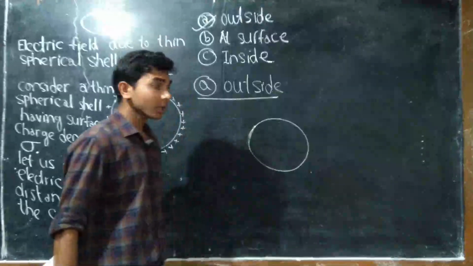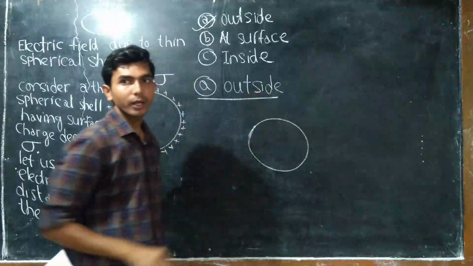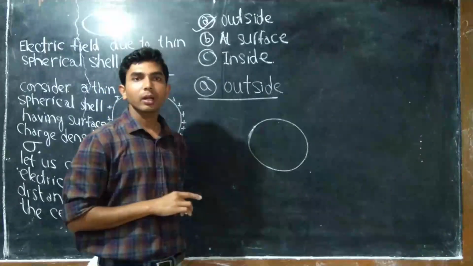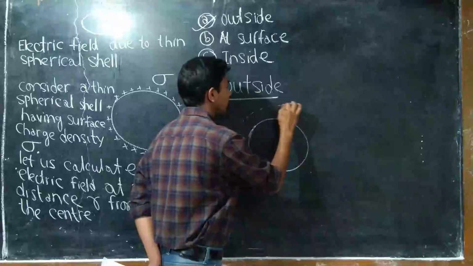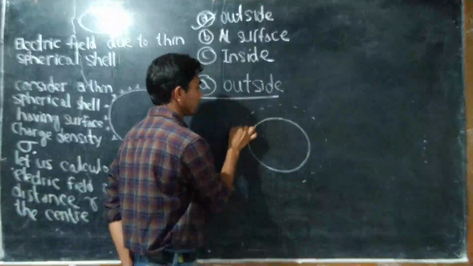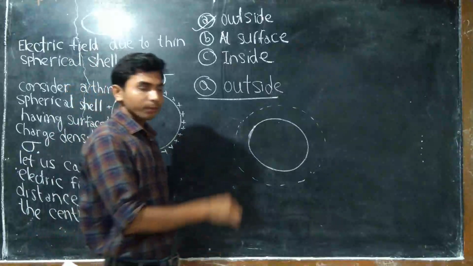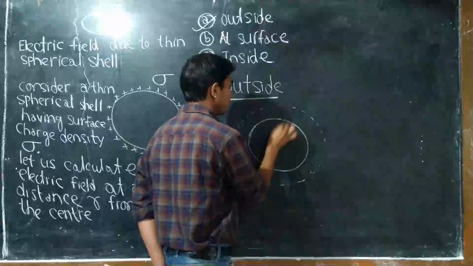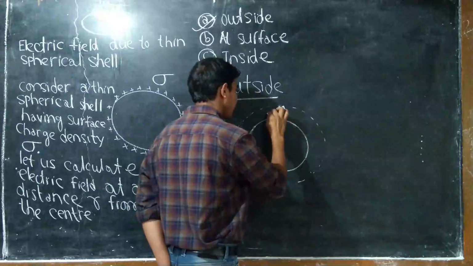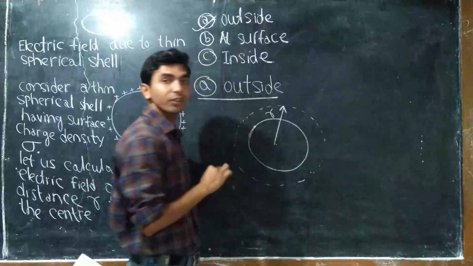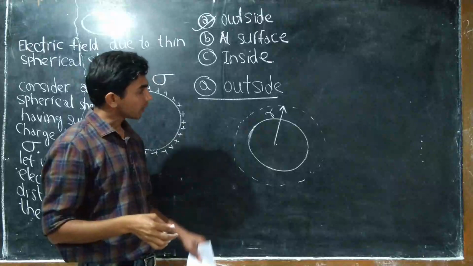To find the electric field outside, we have to construct a Gaussian surface outside this one. So this is your Gaussian surface. Suppose this surface is at r distance from the center.